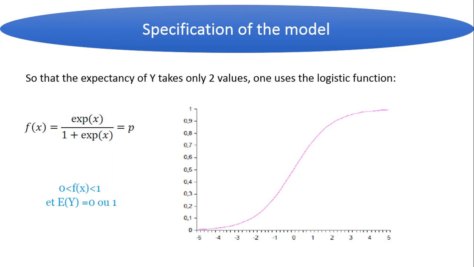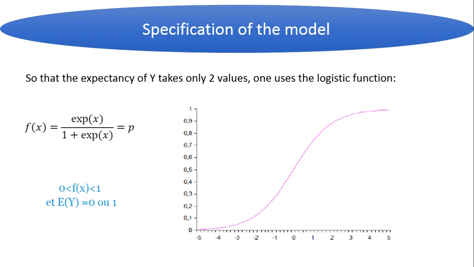When you look at the expectancy of y, taking only two values, one uses a logistic function. The logistic function is defined by the ratio of the exponential of a number over 1 plus the exponential of that number. It takes the form of a probability because this function takes its value between 0 and 1, and it's positive.